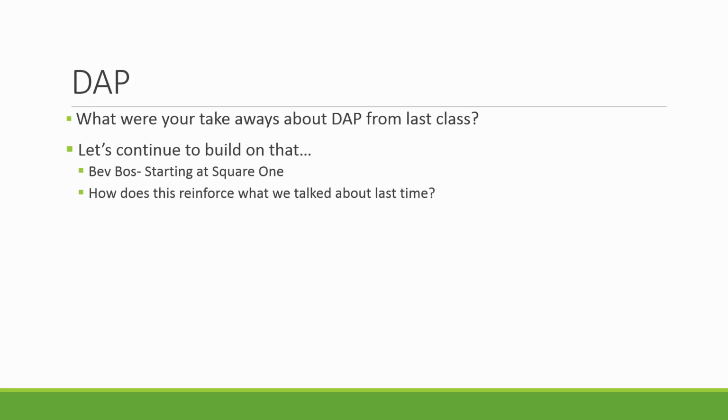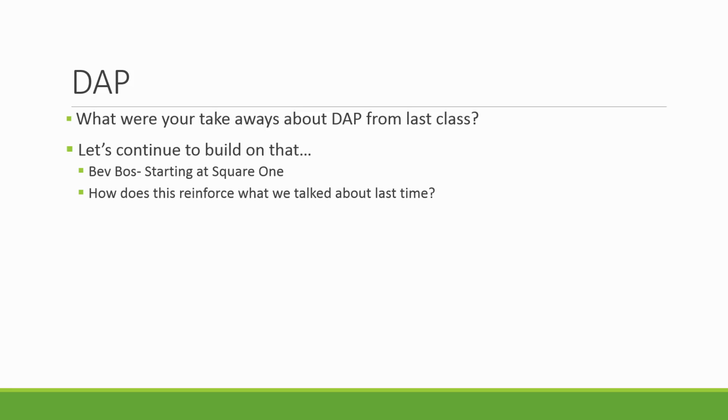Even if what you learned was frustration because you weren't sure how to draw something, it still forced you to figure out how to push through that frustration. So you learned perseverance as well as how to go about tackling the problem in a way that's best suited for you. So let's continue to build on that.